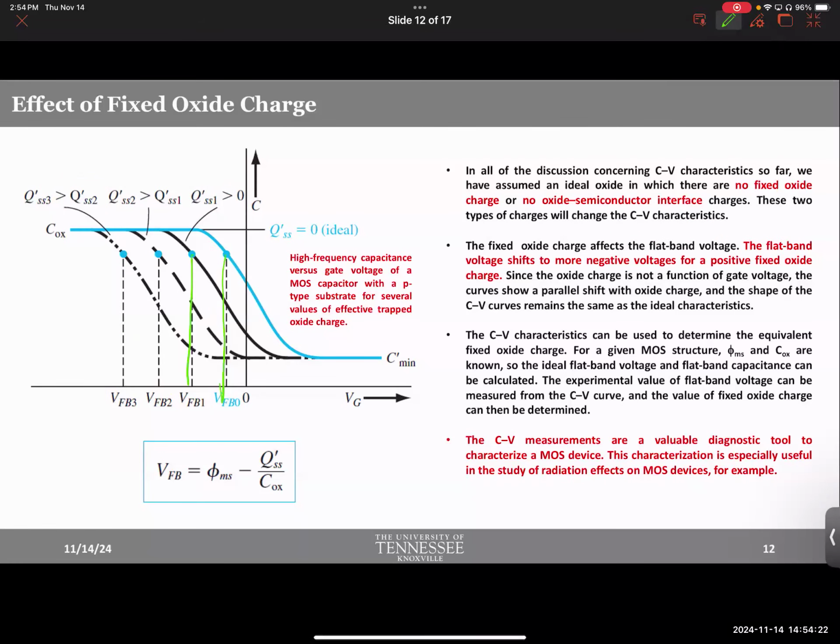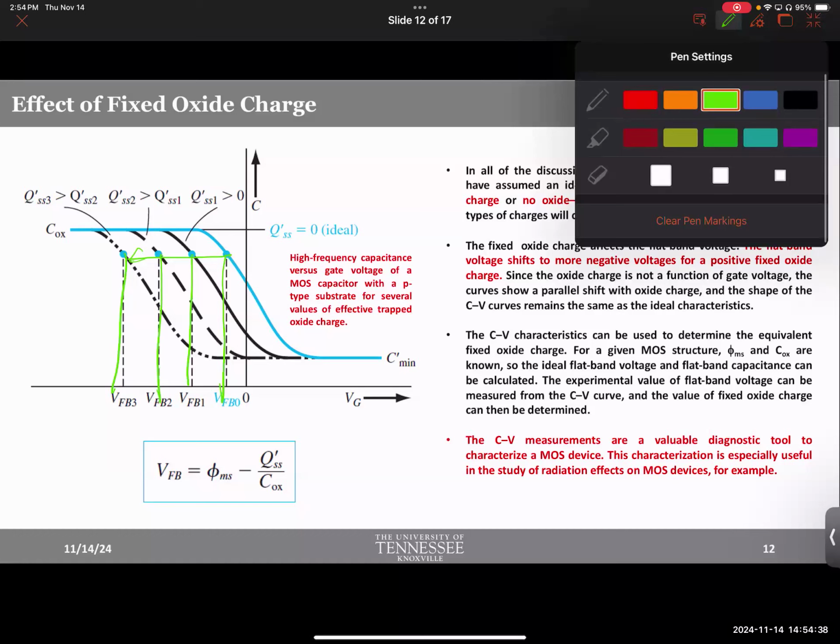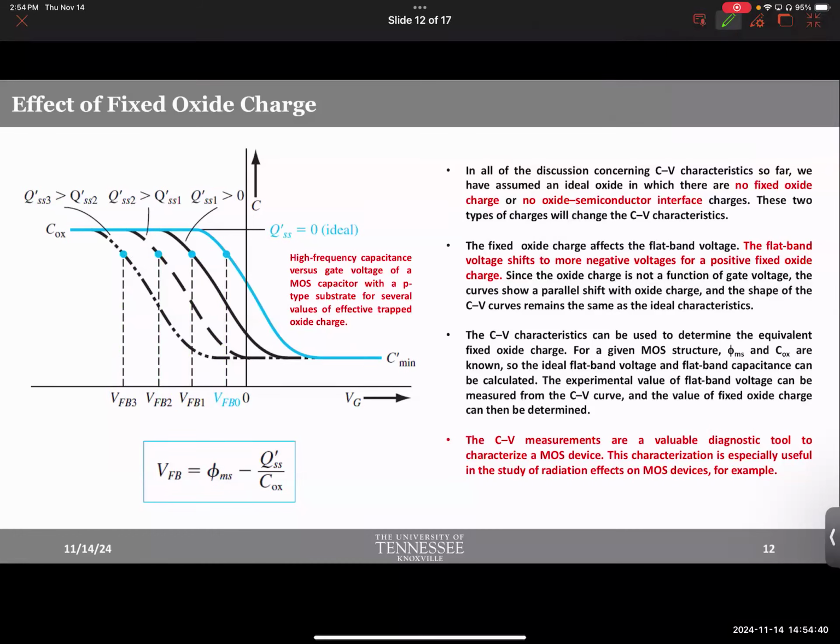This is the flat band voltage. The flat band voltage shifts with the trap charge. If you have more positive trap charges, the flat band voltage will shift as well. But at the very least, just by looking at the shift, there are ways that we could use to back calculate and tell you how much trap charge you have in the oxide. So you basically can calculate QSS.